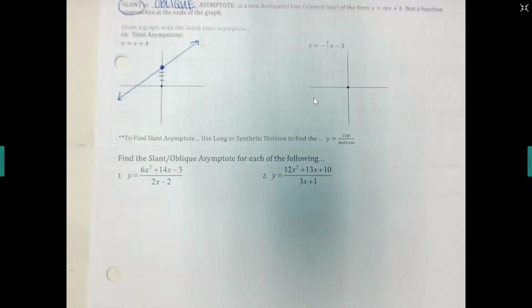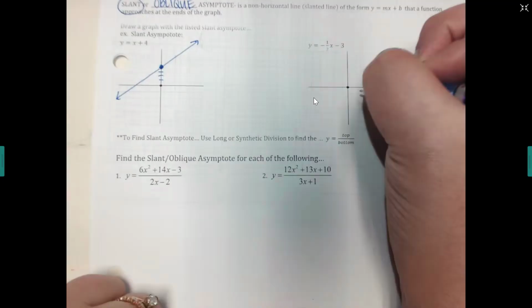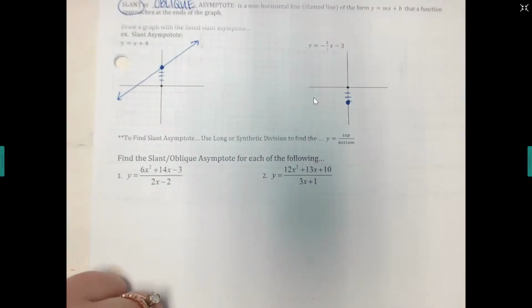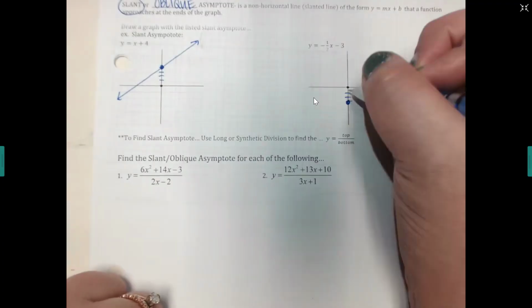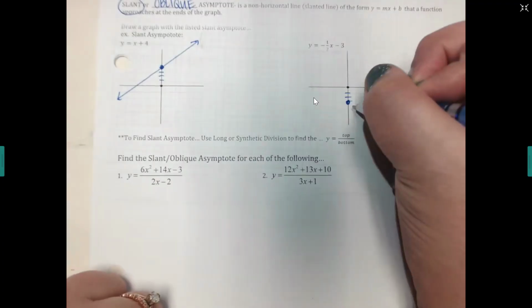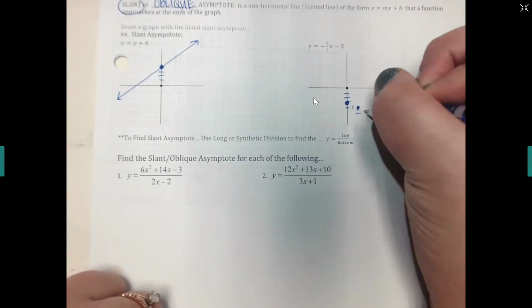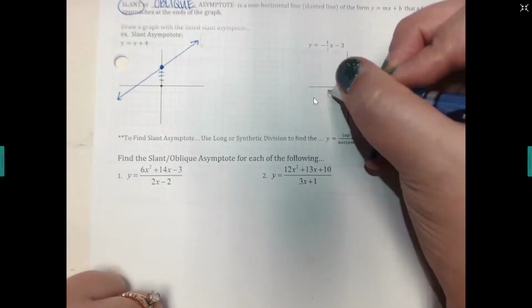For the second one, negative a half x minus 3, you'd go down 3. And just like Lachey said, remember the number on the x is the slope. So you go down 1 over 2, down 1 over 2.